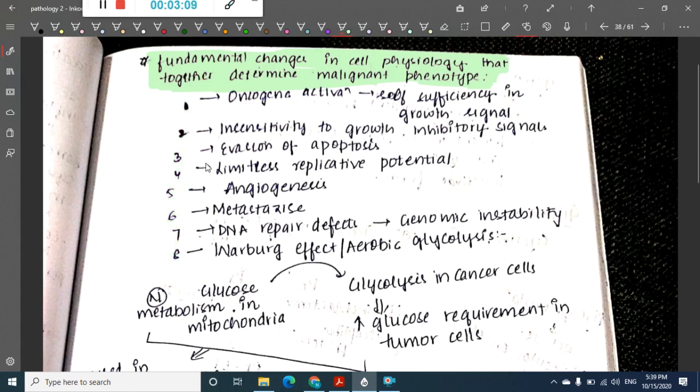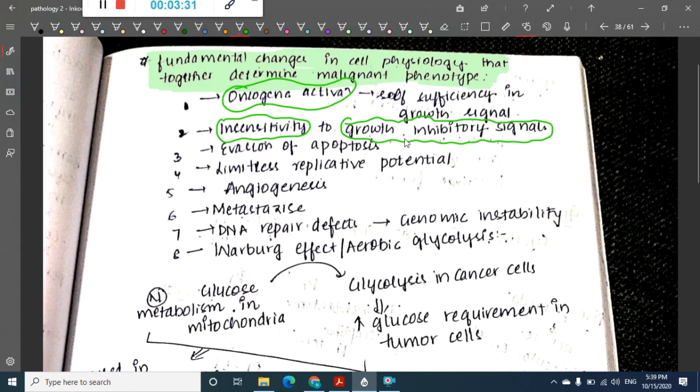First, oncogene activation will be there, and because of oncogene activation there are increased tumor cells. Then there will be insensitivity to growth inhibiting signals.